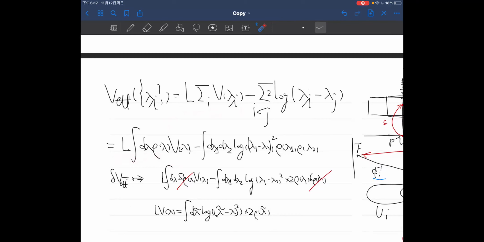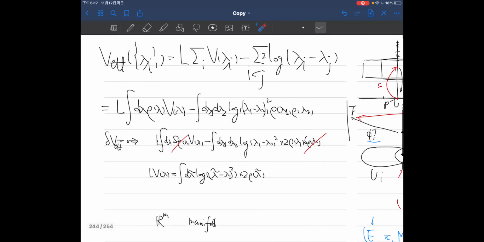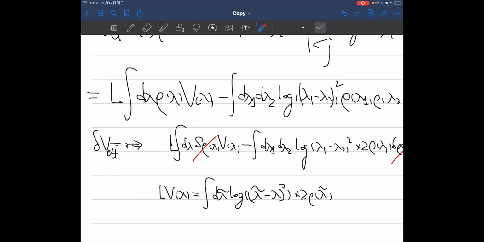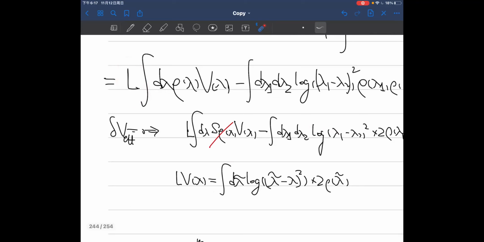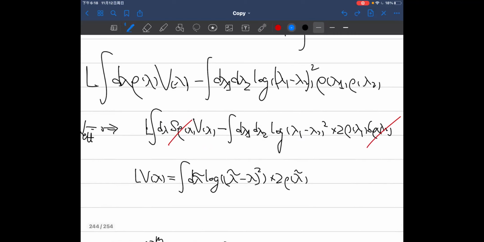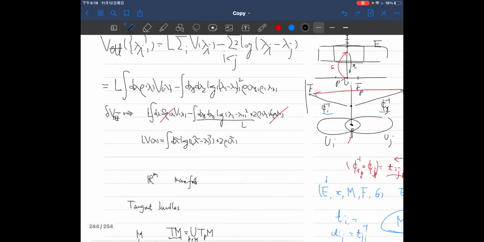If you want to write it through the definition of the resolvent, it doesn't look so good. But anyway, we can just write it this way. And we know there is a large L as a factor in front of the effective potential. Sorry, we need to write L here. Yes, there should be another L.